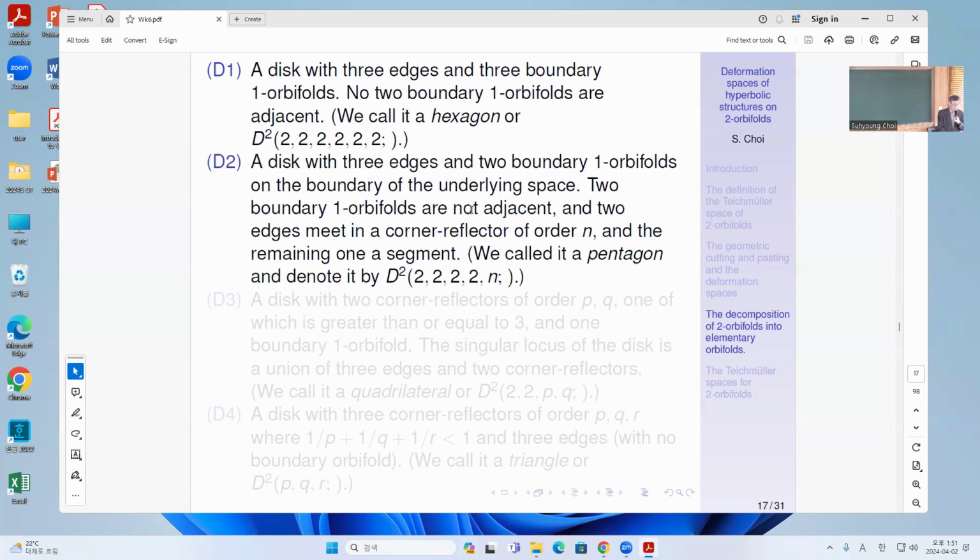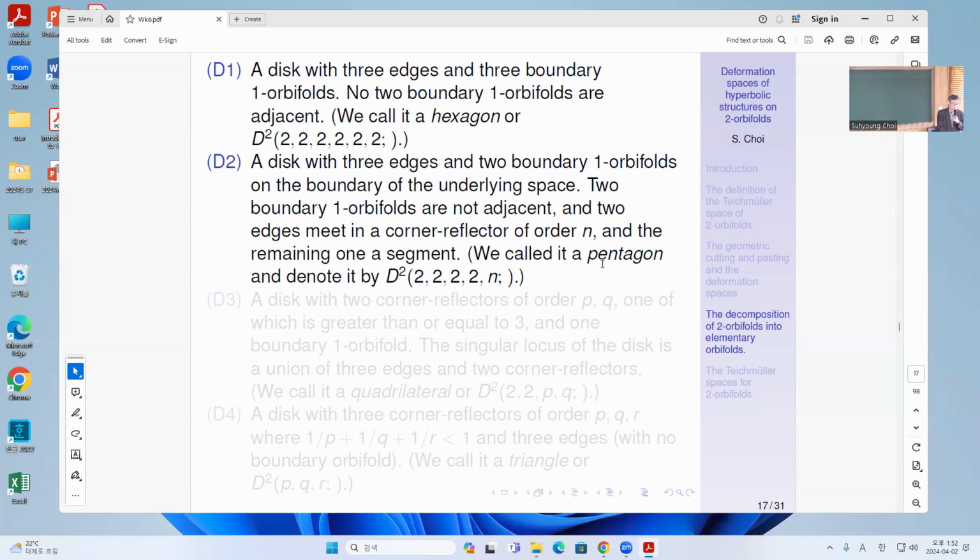And then there's a disk with 3 edges and 2 boundary orbifolds. So three silvered edges. This is a pentagon, and 3 of them are silvered, and two of them are not silvered. So the 2 boundary ones are not adjacent. Two edges meet at the corner reflector at one end, and the remaining one is just a segment.